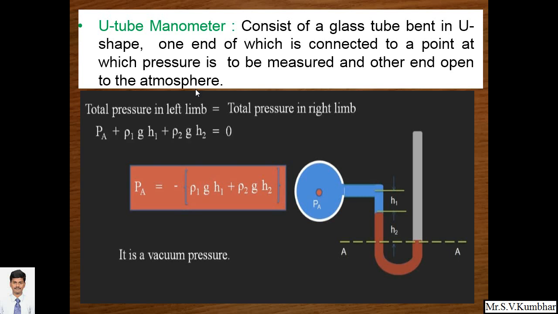Total pressure in left limb is equal to total pressure in right limb. So PA plus rho 1 GH1 plus rho 2 GH2 which is equal to 0. As there is no any liquid above AA in right limb, that's why it is 0. So PA is equal to all the terms to take right hand side. So minus rho 1 GH1 plus rho 2 GH2. So it's a negative pressure.